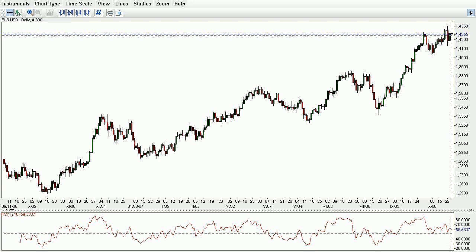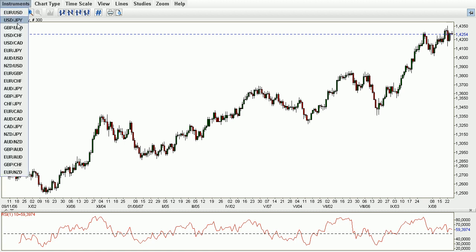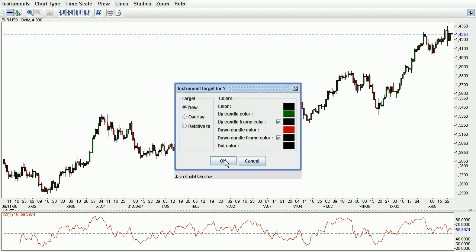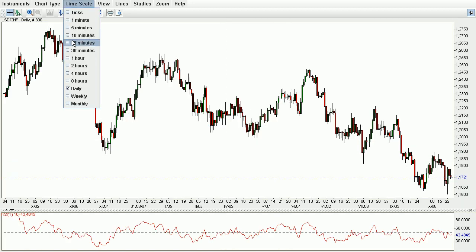What I mean is that this pair is going to climb higher and probably reach those levels of 143.50 and even higher.